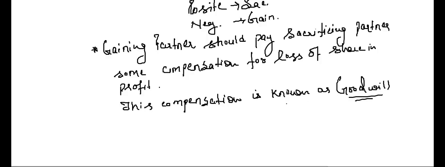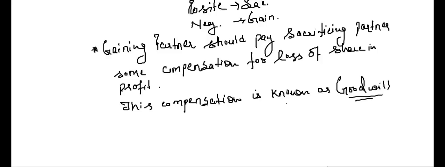That means the gaining partner will pay some amount of compensation to the sacrificing partner as goodwill, because it might be that X was having a better reputation than Y. That's why X was sharing more profits, right? Now X and Y are sharing equal profits. X has sacrificed some part of his profit to Y. Y has acquired some reputation from X, right? So Y has to pay goodwill to X.